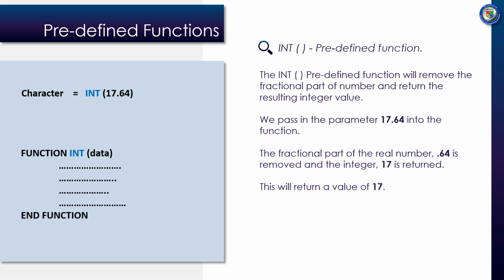The int predefined function is really useful. It will return an integer from a real number. In this example, we will pass in the number 17.64, which of course is a real number, into our int function.